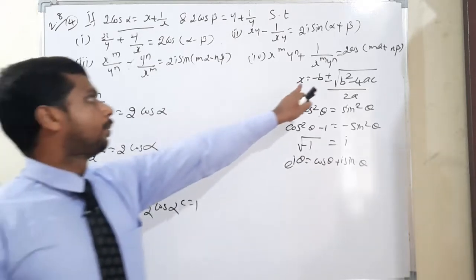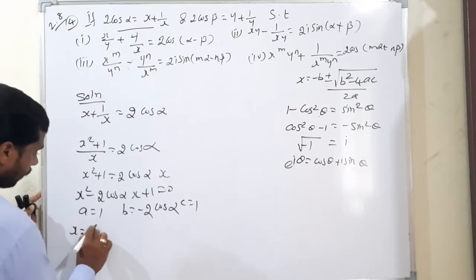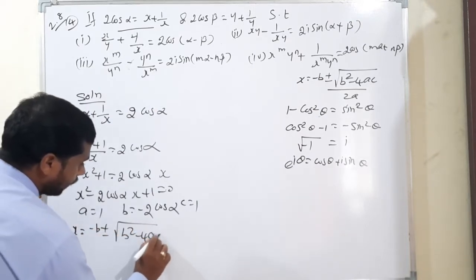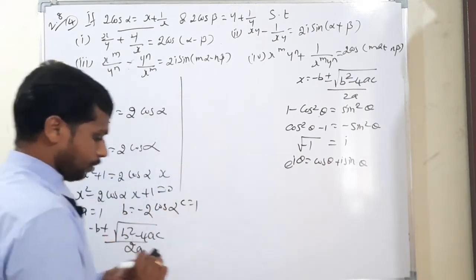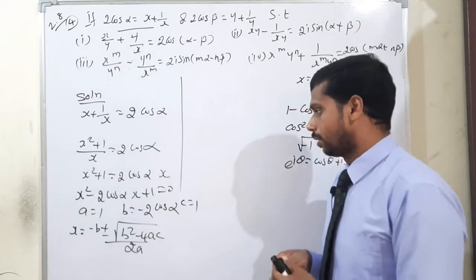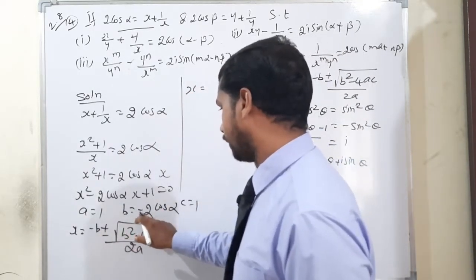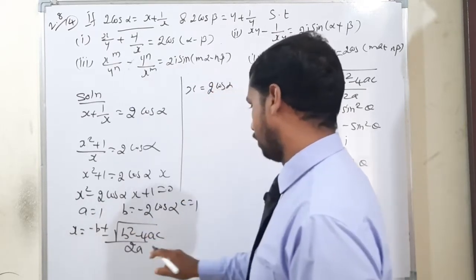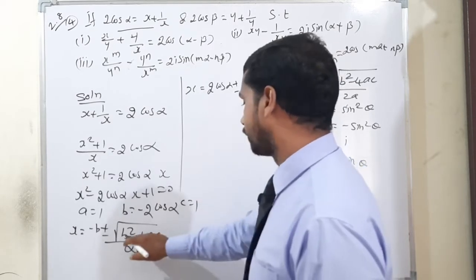Then you have to apply the main formula. What is the formula? x is equal to minus b plus or minus square root of b square minus 4ac divided by 2a. So now x is equal to: b value is already minus, so minus into minus is plus, so 2 cos alpha, then plus or minus square root of b square minus 4ac.